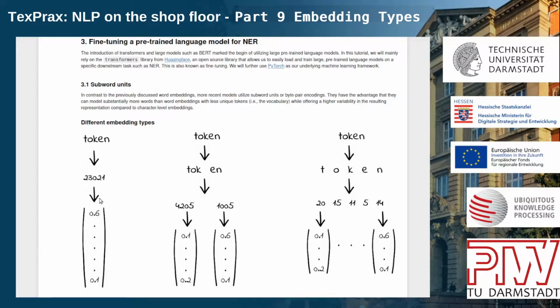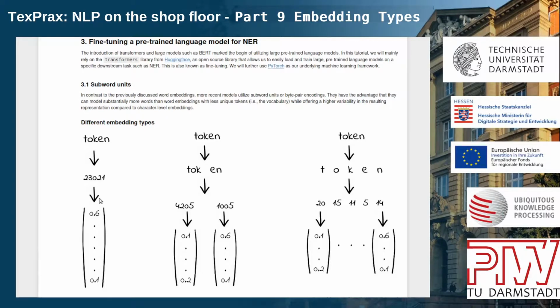One disadvantage is that you need to learn a specific representation for each word and also often each variation of the word. So if you, for instance, have the word to go and want to use a representation for its past form, basically like went, then you would need to have a different embedding for it.